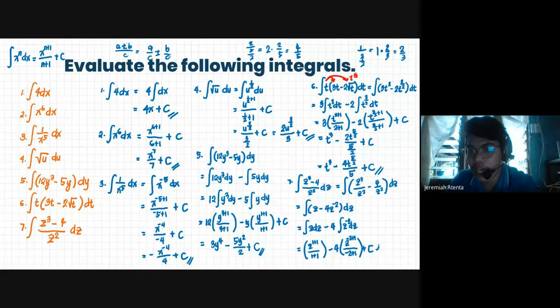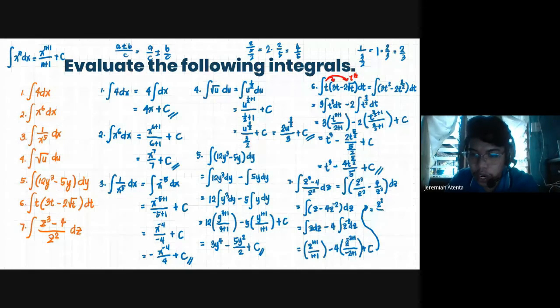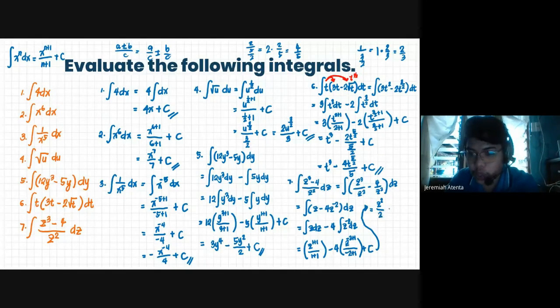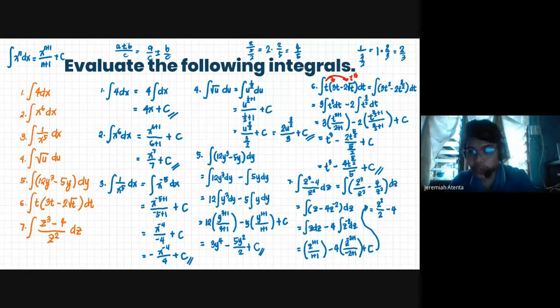Then we have plus C here. Okay, plus C. Ayan. Then after that, let's clean that one. So this is z to the 1 plus 1 is z squared over 2. Then you have minus 4 z to the negative 1 over negative 1. So you have negative 4 divided by negative 1. Magiging positive yan.